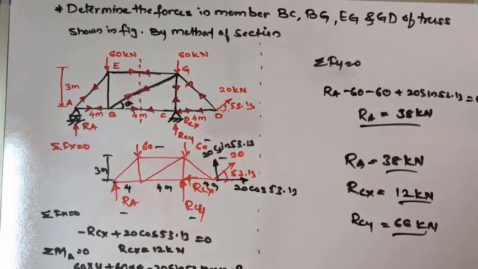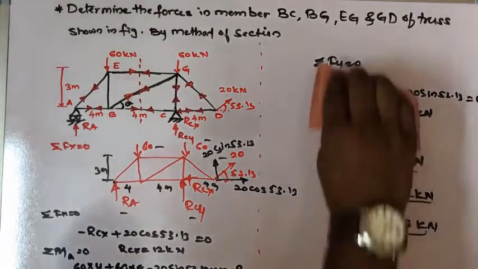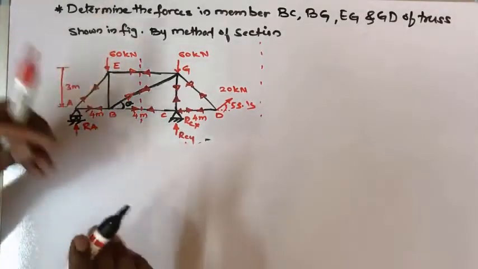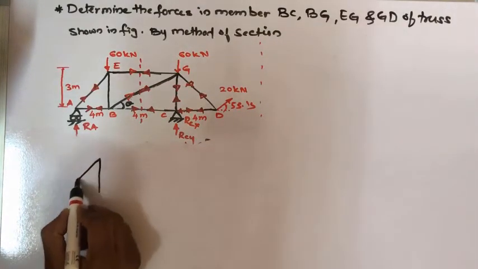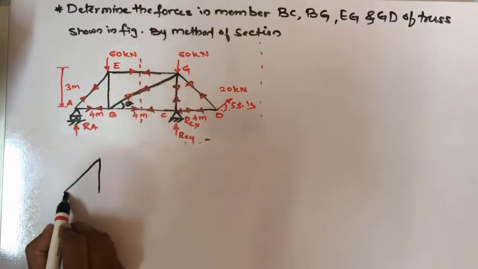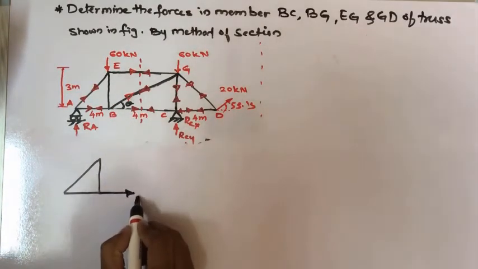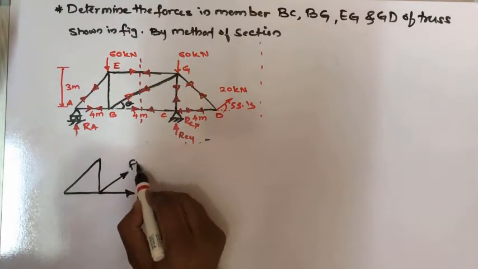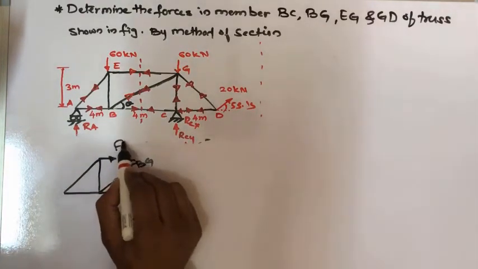Okay, so after the calculation of the reactions, we have to calculate the member forces. For doing that, I'll rub this part. Now as I told earlier about the free body diagram, I'll draw that free body diagram one more time. The section is cutting at this level to calculate the member forces FBC, FBG and FEG.